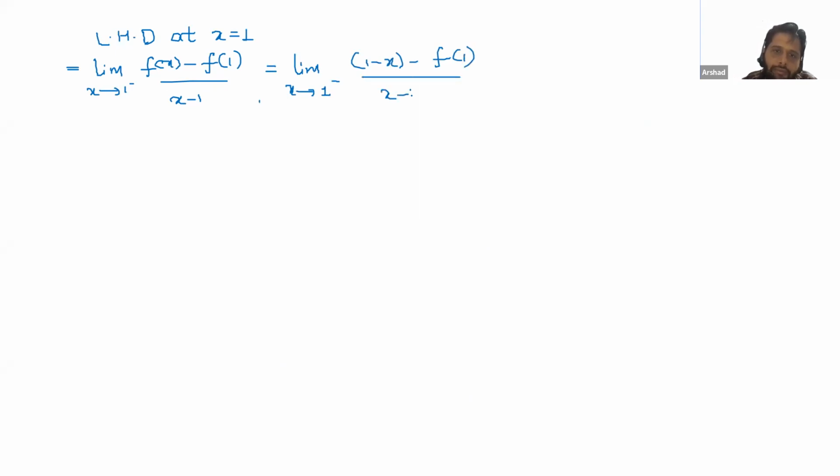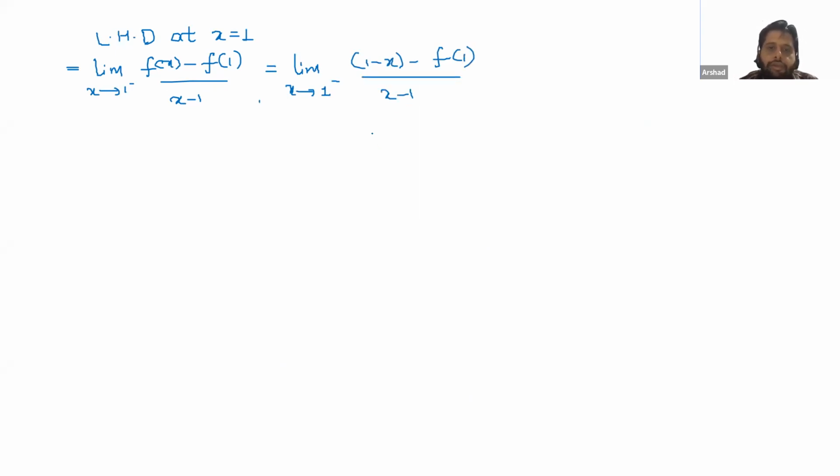LHD at x is equal to 1. So the formula is limit x tends to 1 minus, f(x) minus f(1) by x minus 1. For LHD, which function do we have to use? 1 minus x. Okay, that's correct. So this is equal to limit x tends to 1 minus, (1 minus x) minus f(1), by x minus 1.